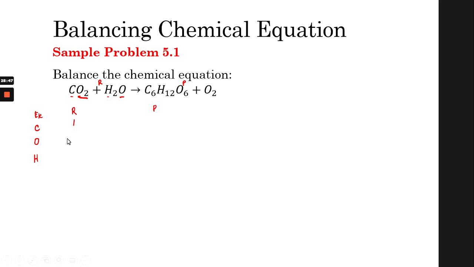This makes it easier for me to count. You can mix them if it's easier for you, but I'm going to write 2 and then 1 here. So that means I have 3 oxygen. And then I have my 2 hydrogens on this side, so I will write 2 hydrogens here.